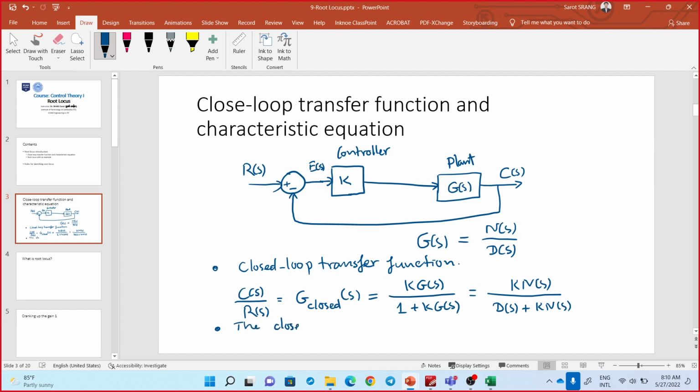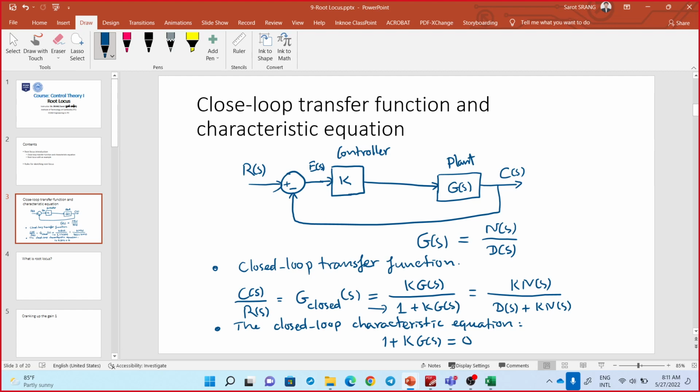The closed loop characteristic equation is 1 plus K G of s equal to 0, which means all the roots that make the denominator of the closed loop transfer function go to 0 are called poles of the closed loop transfer function.